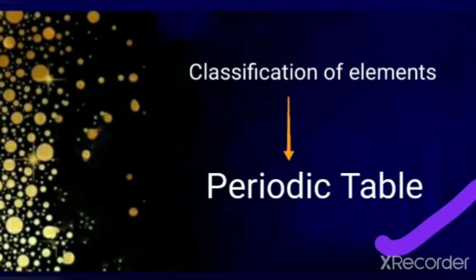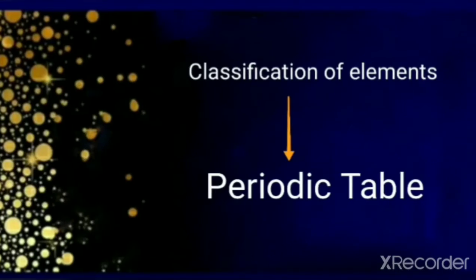So, how do we define a periodic table? The arrangement of the known elements according to their properties in a tabular form is called the periodic table. Let us discuss the historical development of the periodic table.